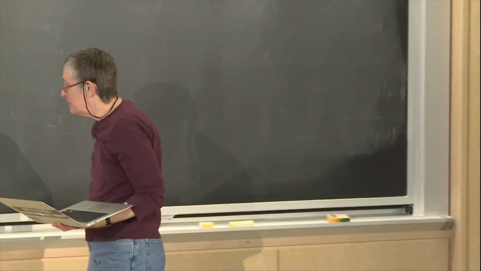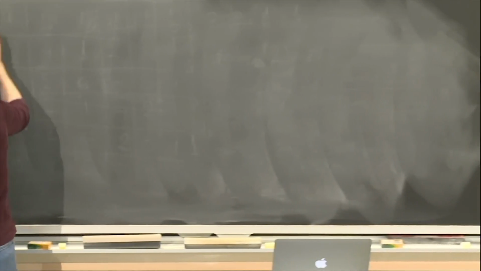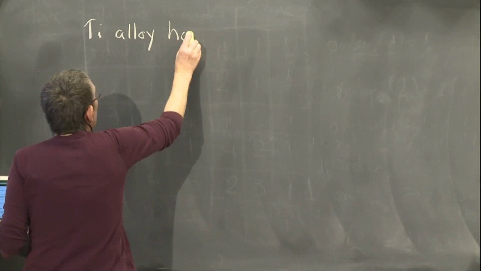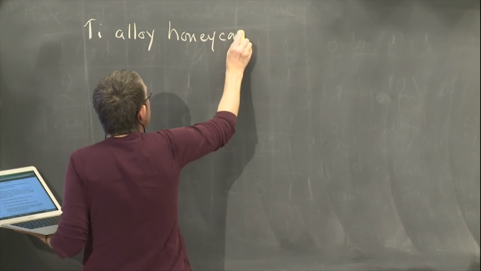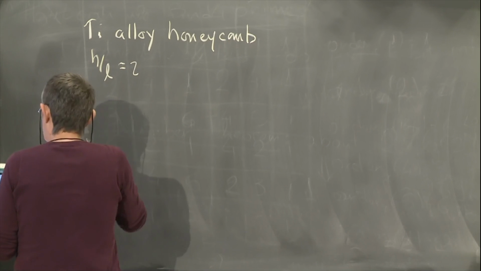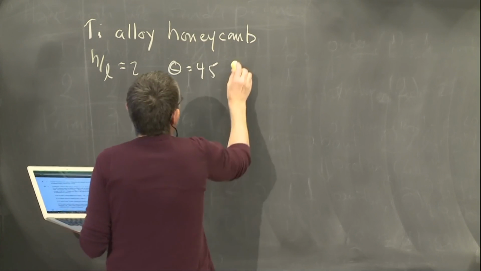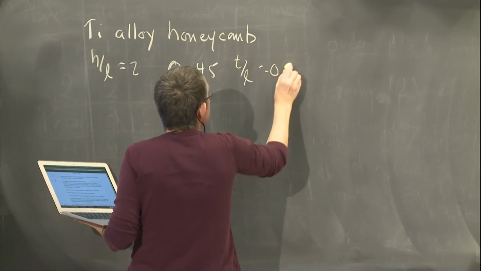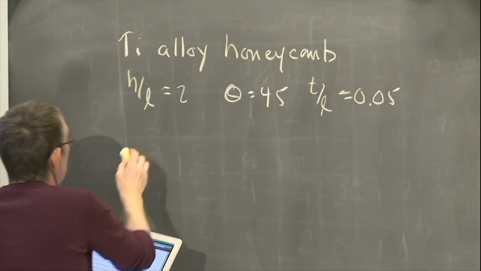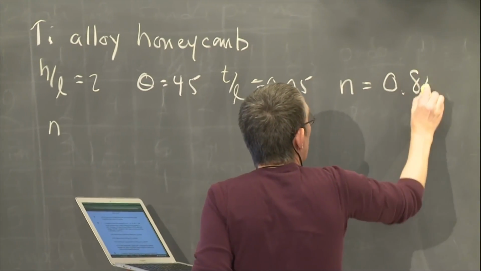Let's see. I would need a piece of chalk. Here we go. Okay, so it's a titanium alloy honeycomb. And we're told H over L is 2, theta is 45, and T over L is 0.05. And we're told that n, I'm going to put the n over here, n is 0.806.